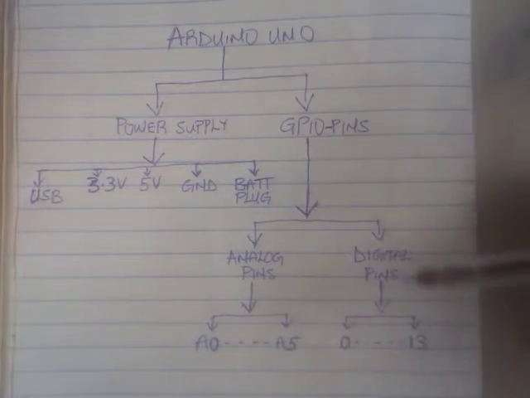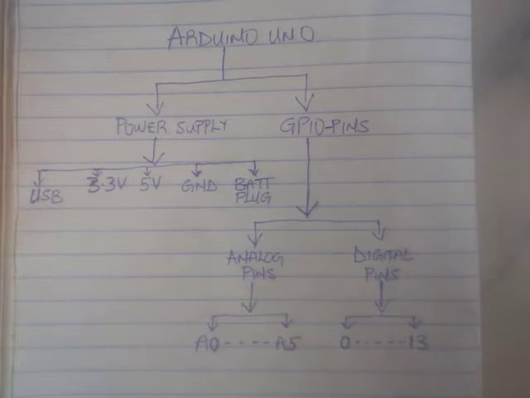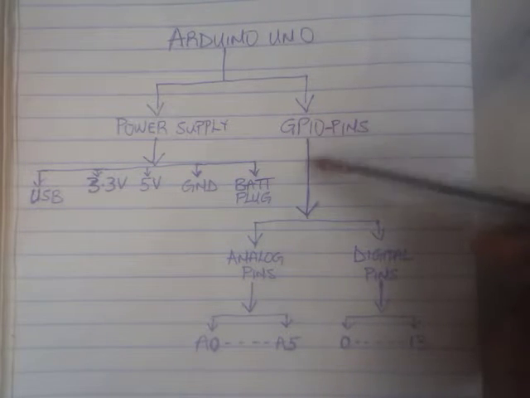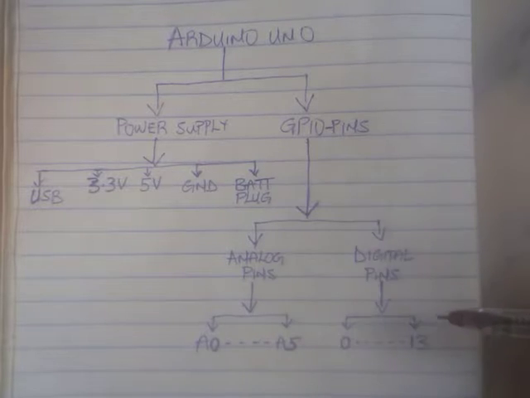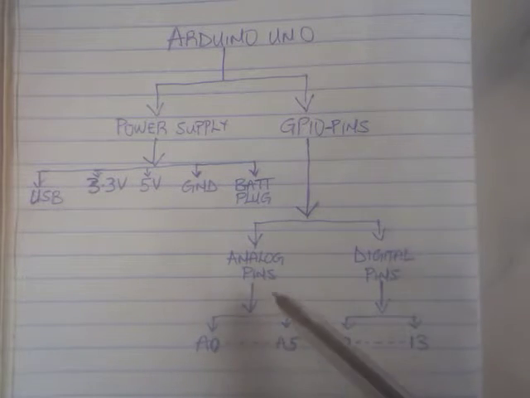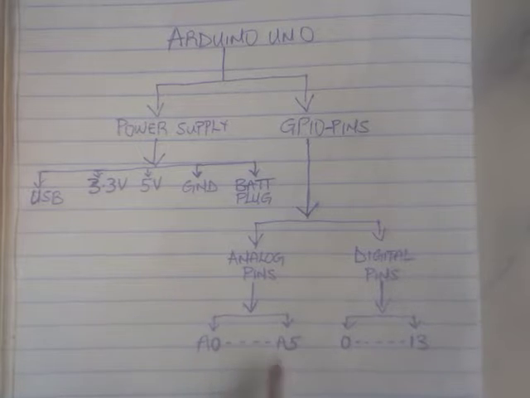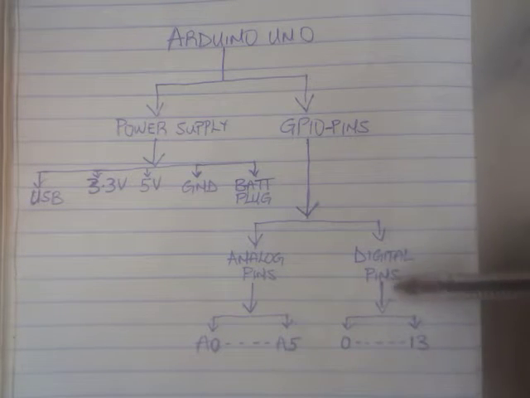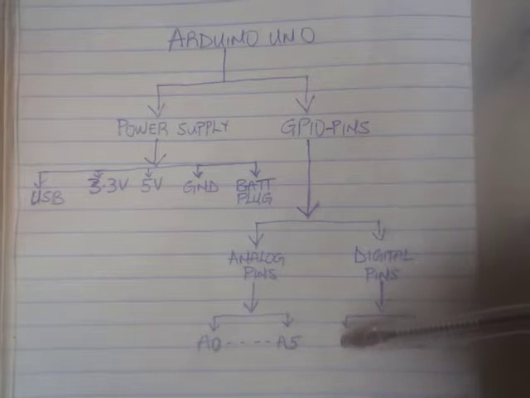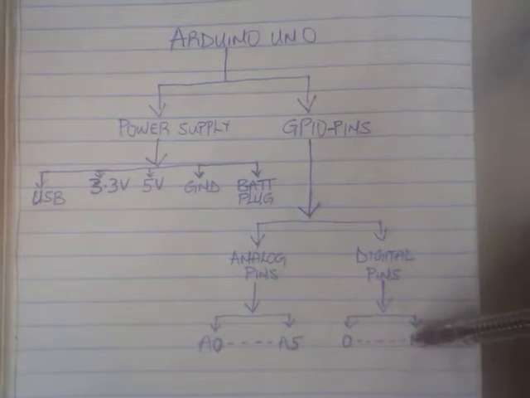Like we saw in the video some seconds ago, the GPIO pins are divided into the analog pins and the digital pins. The analog pins are A0 to A5, and the digital pins are pin 0 to pin 13.